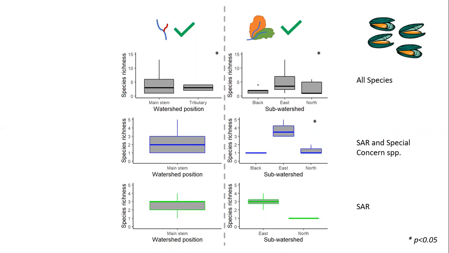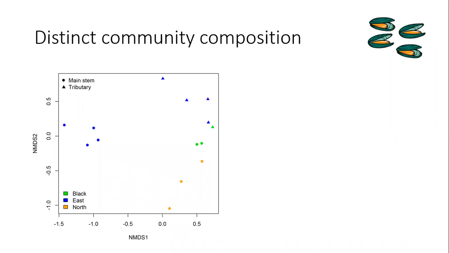When we looked at the overall community composition using ordination, where the abundance of every species at each site was combined into two-dimensional space, so that each point on this plot represents the mussel community present at a site, the closer together points are, the more similar the mussel communities found at those sites are.